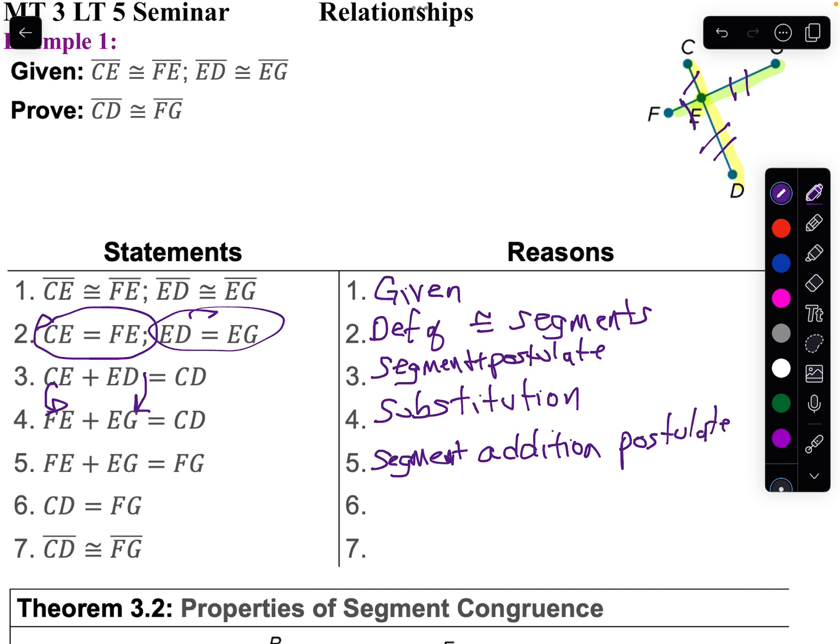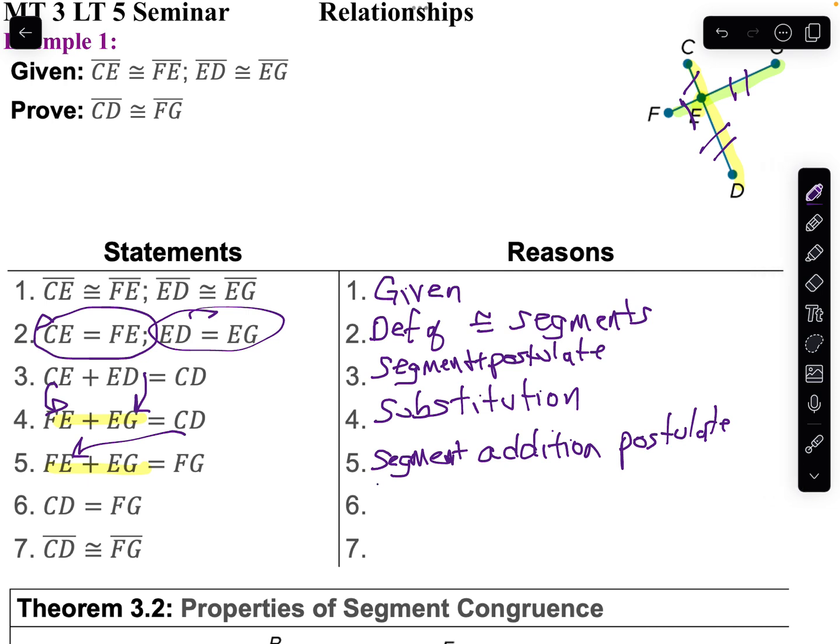Now notice my last two statements, they're the same. I got FE plus EG and FE plus EG. So instead of saying FE plus EG, I'm going to write CD. When you write CD instead of that, that's going to be substitution because we're replacing something with something else.